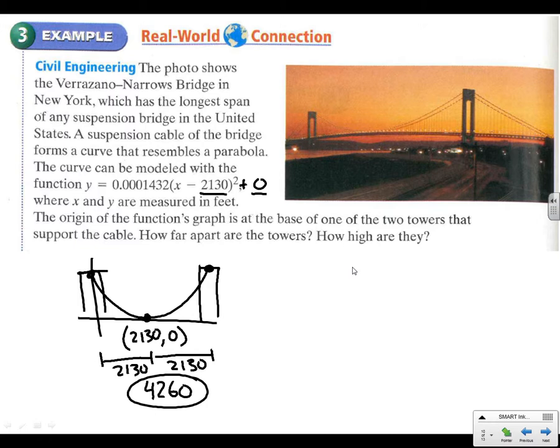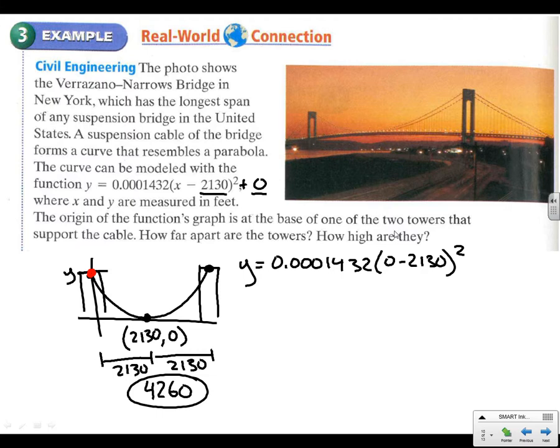Well, let's figure out the y value if x is 0, right? Because right here on the y-axis, x is 0. So let's plug that in. y equals 0.0001432 times 0 minus 2130 squared, plus 0.